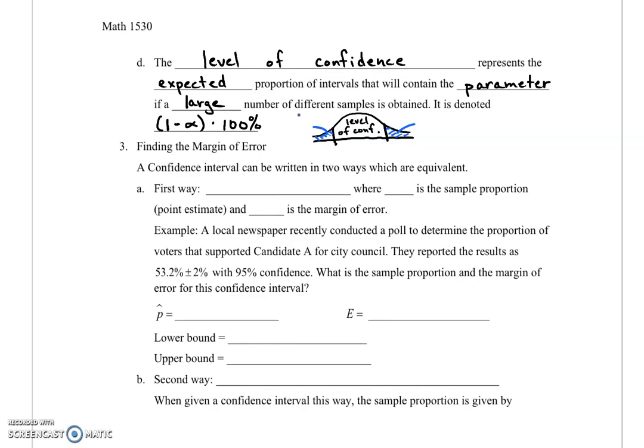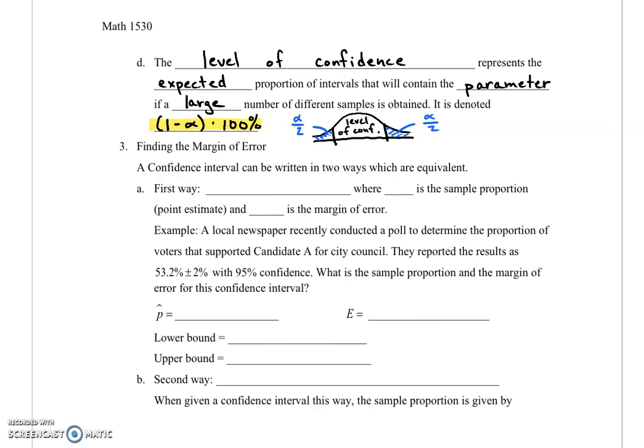Remember, because of the symmetry, each tail has an alpha over 2, so half of whatever alpha is. This is largely important because it's part of how this works, but you really just need to know that this is how we denote the level of confidence.